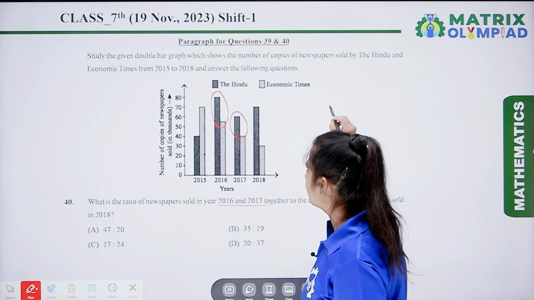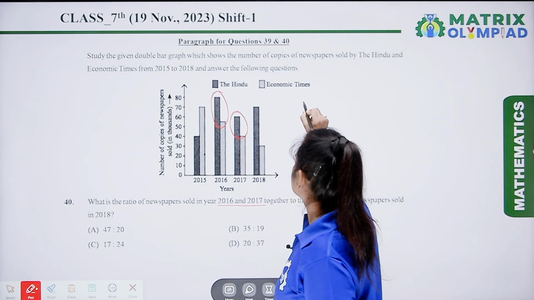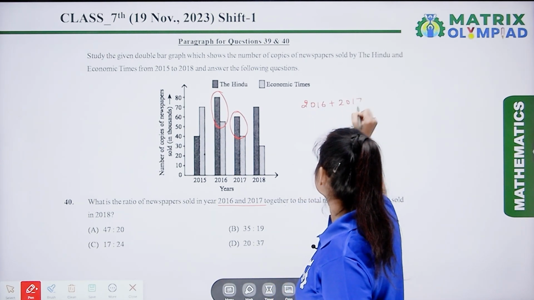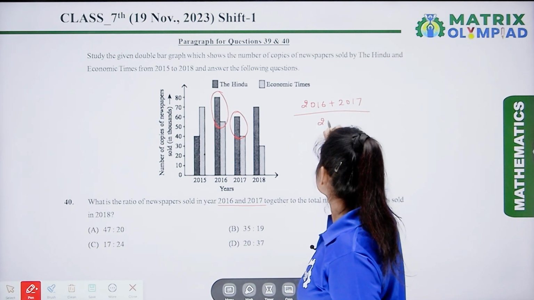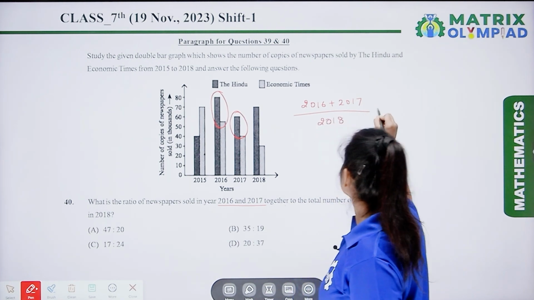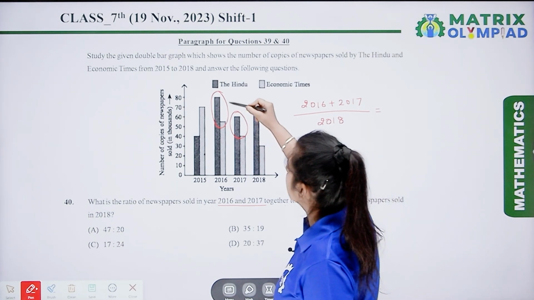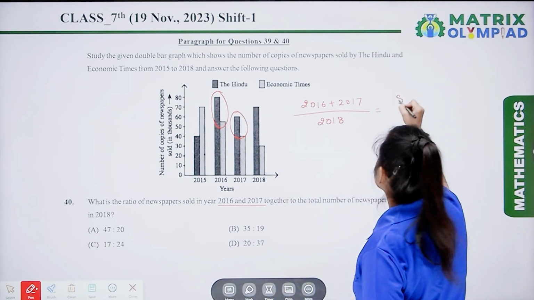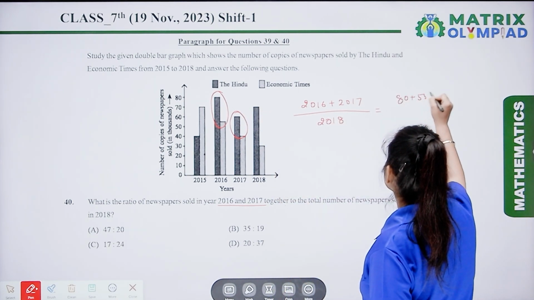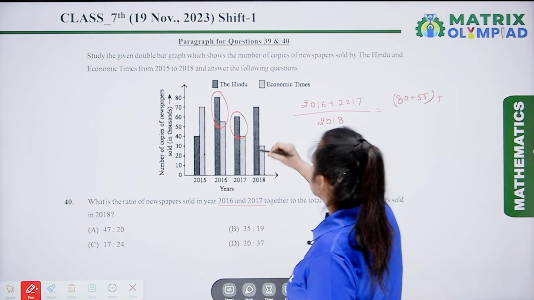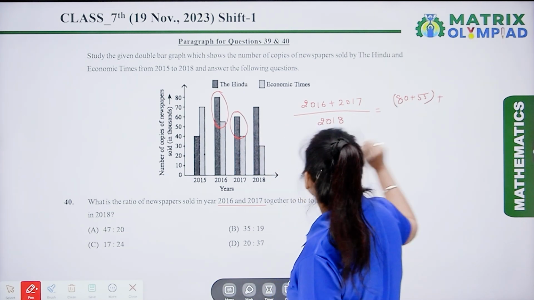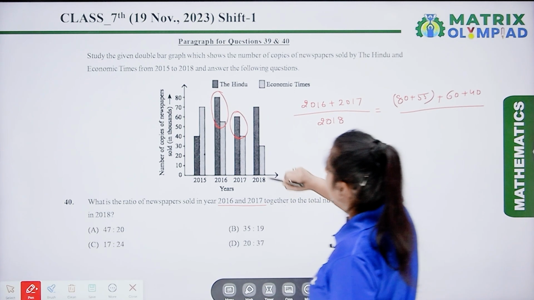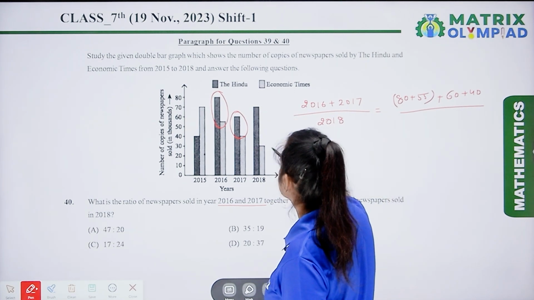So let's find out first the newspapers sold in 2016 plus 2017 upon 2018. So here in 2016 it is 80 plus 55. In 2017 it is 60 plus 40. And in 2018 we have 70 plus 30.